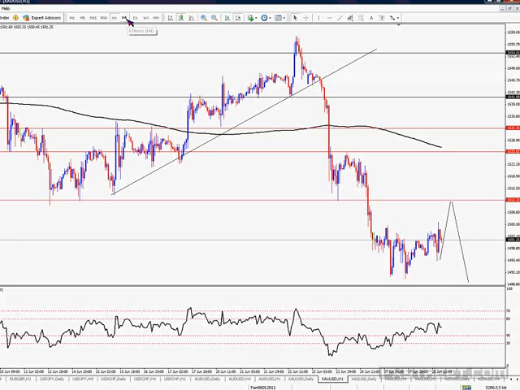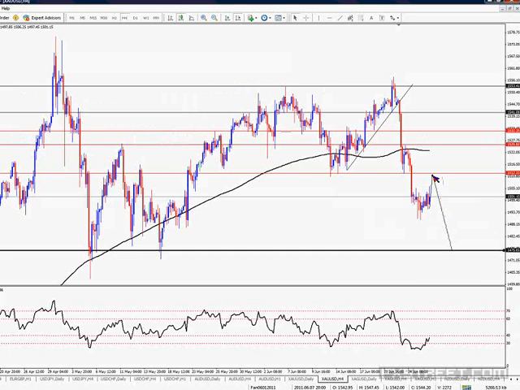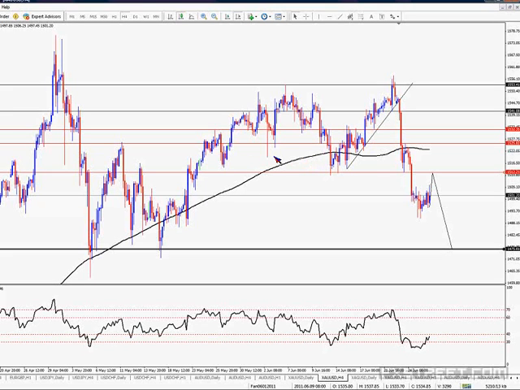Let me go to the 4-hour chart. All right. So for that bearish scenario, failing to break above these pivots here. Again, it's not going to be a specific level. It could go all the way up to these levels, and you have to give it some breathing room.